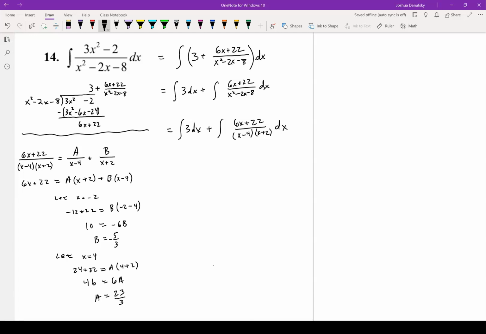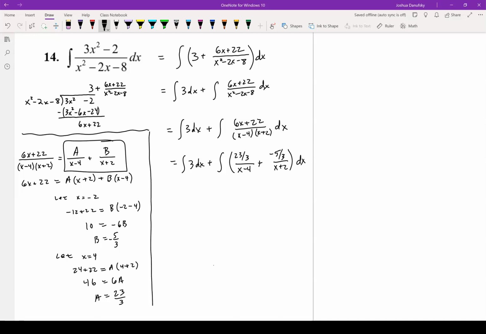So now we're going to plug in our a and our b into here, giving us an integral that looks like this. Let's rewrite it one more time, writing the constants out in front.